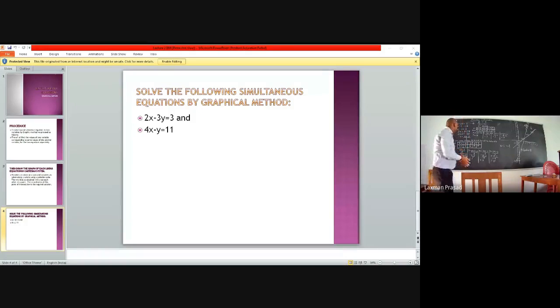Then next, if the value of x is 9, then the value of y is 5. So, point and draw all the points. Then you get a line.